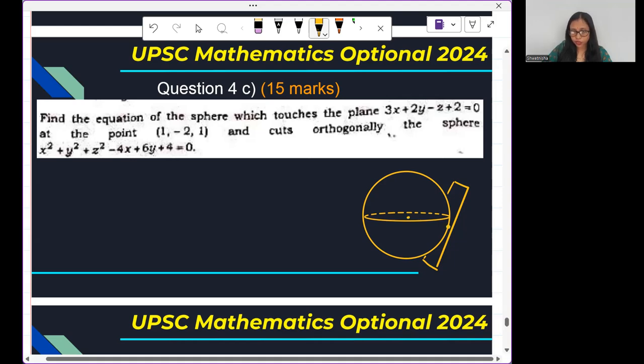Obviously, if I drop this perpendicular from the center, or if you draw the radius to that point of contact, that will definitely be a perpendicular line. And it cuts another sphere orthogonally. So for that, we have a condition.